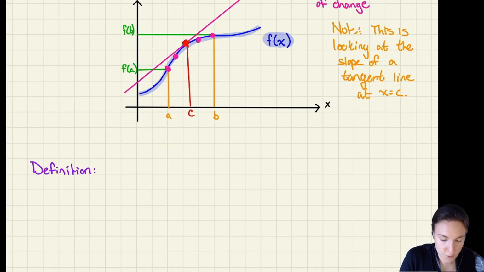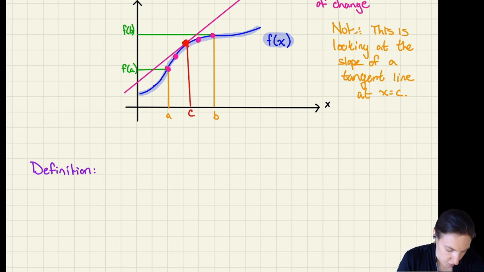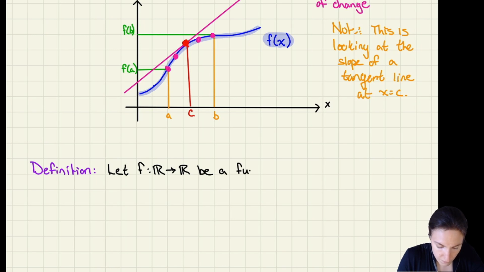And there's actually two definitions. So we're going to do one that corresponds first with our picture, and then we'll write down the one that looks more like a derivative. So we're going to have f be a real valued function, which means that we take things in R and map them to R. And we're going to have our real values a and b.